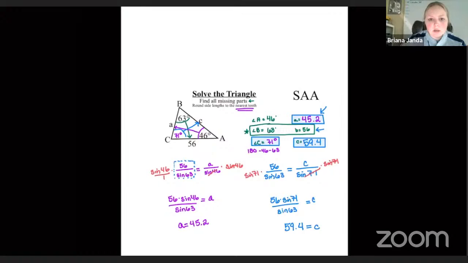Give me 1 second here while it's posting. All right. And as you are doing this, you're going to go to this Go Formative, and you're going to do Law of Sines, Day 1, Notes, Answer.